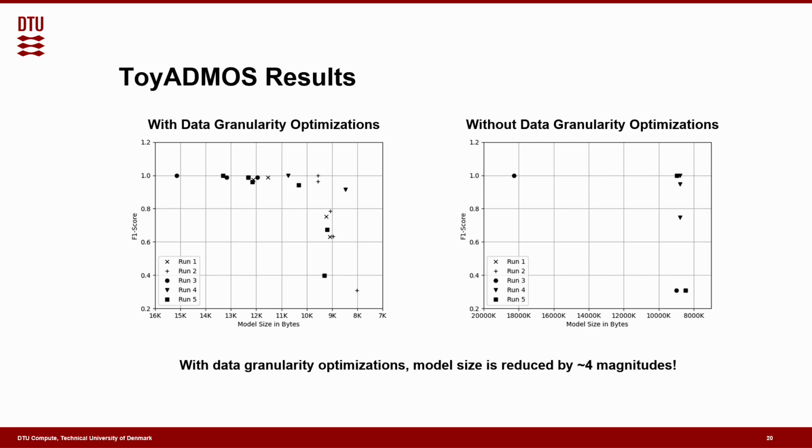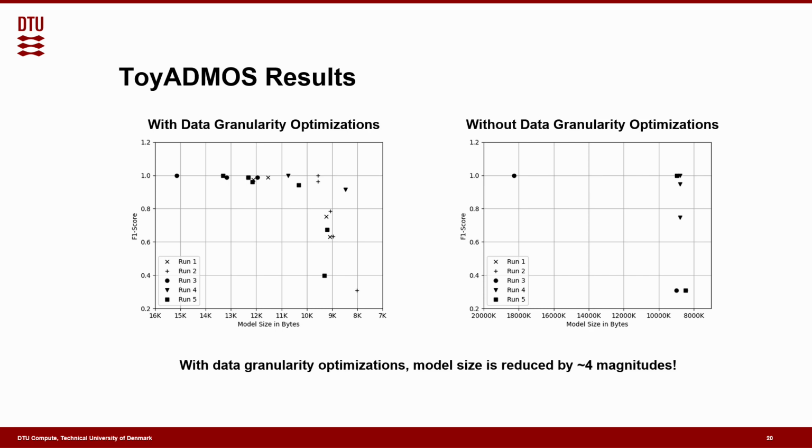And we did this in two settings. One where we allowed our data-aware neural architecture search to optimize this data granularity, and one where we said data granularity remains the same.